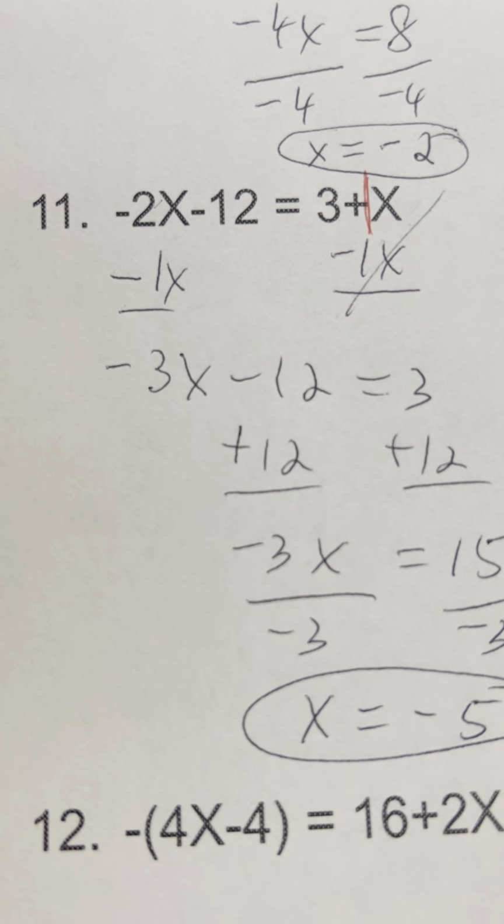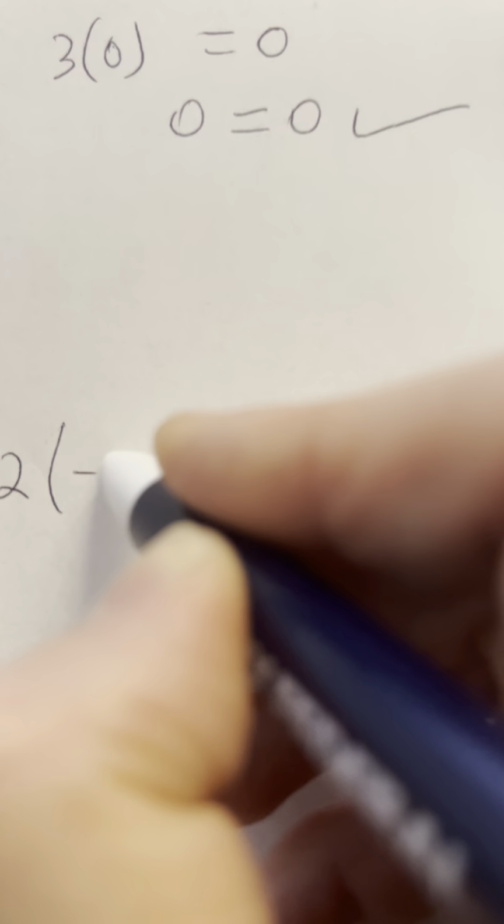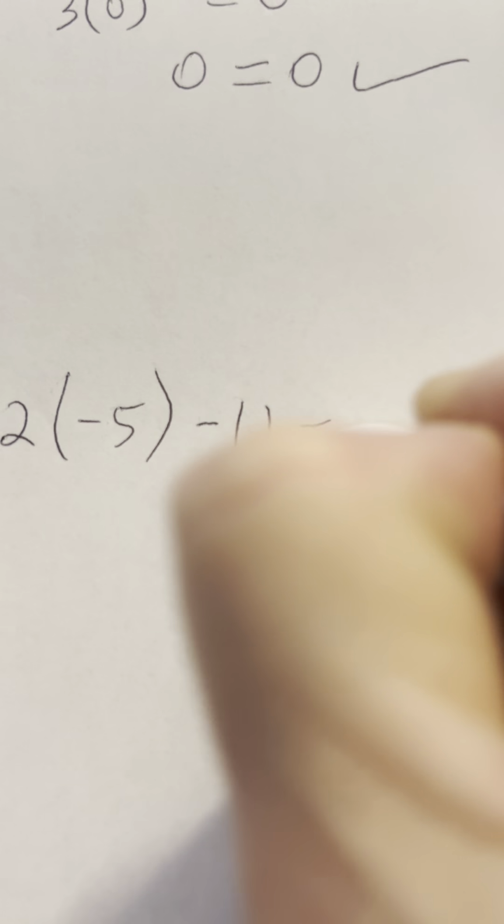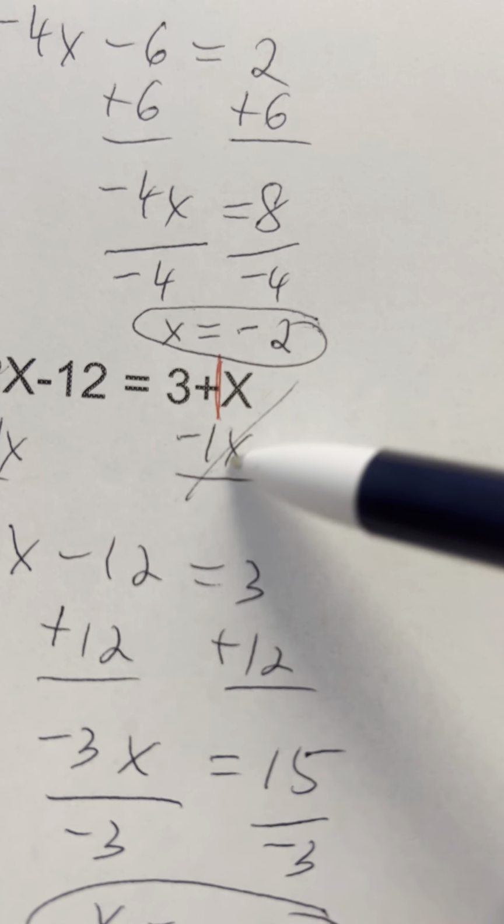All right, let's check our answer. So negative, oops. My apologies. Keep on hitting the camera. All right. Negative 5 minus 12 equals 3 minus 5. See how that plus here?